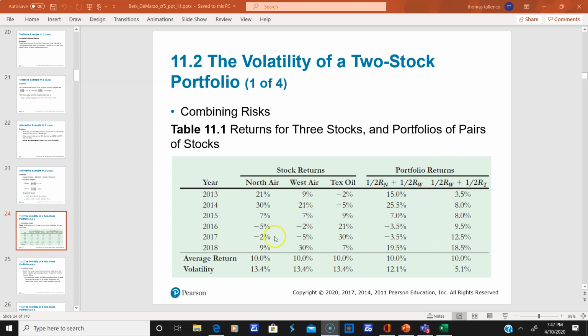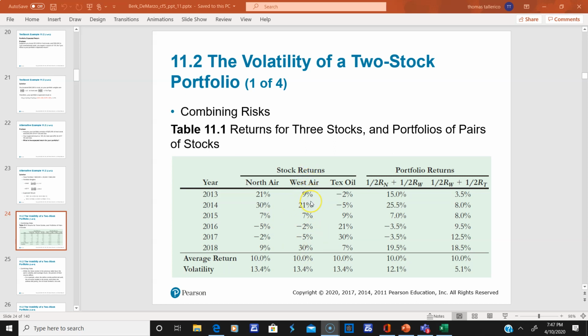All right. Now, the easy part is the average returns. The average returns on all these are the same. You see that? 10, 10, 10, 10. Even the 2 out of 3. So how do they get the average returns? That's the easy part. You just take these 6 numbers, add them up, and divide by 6.